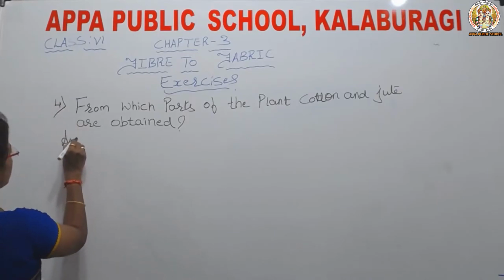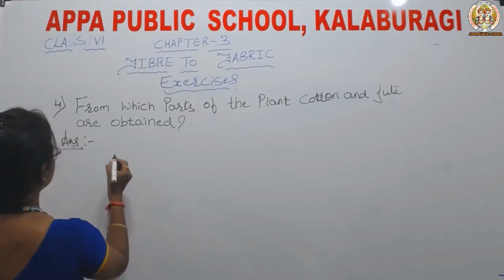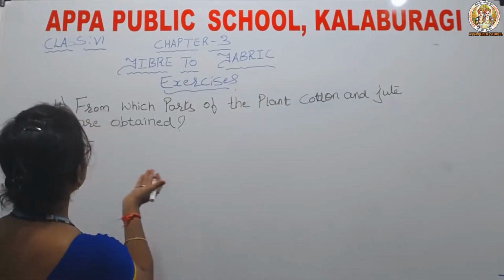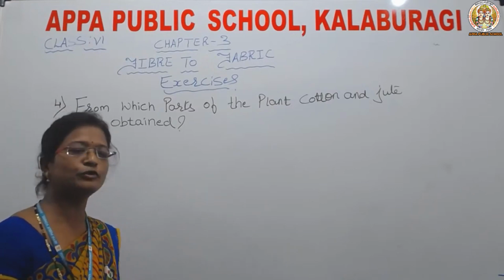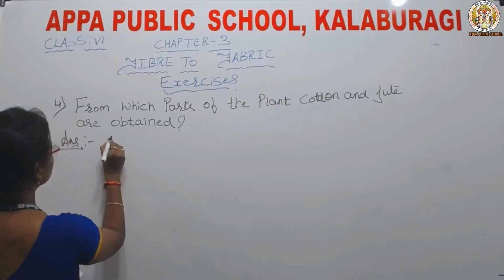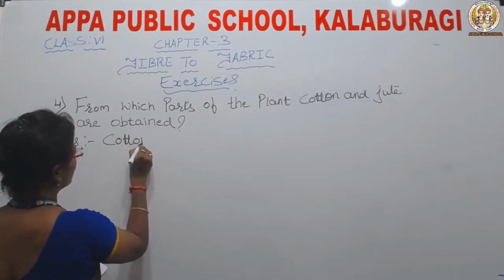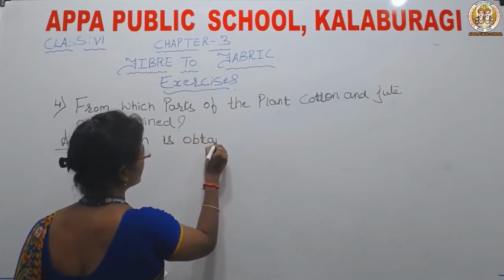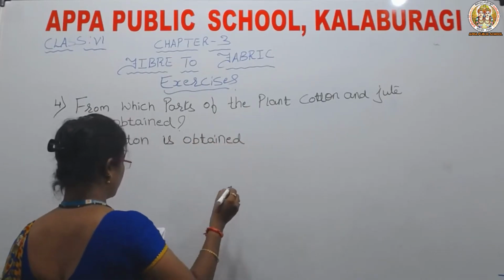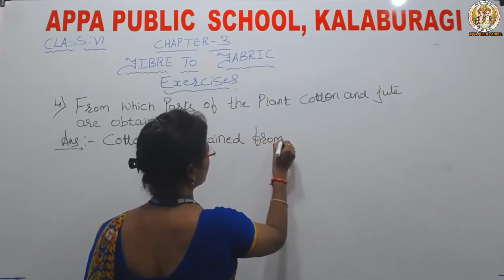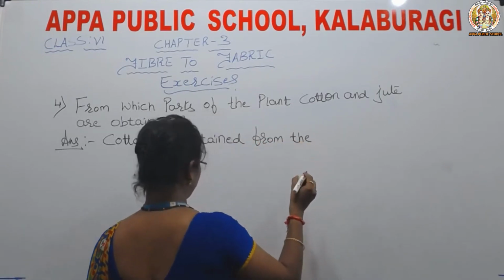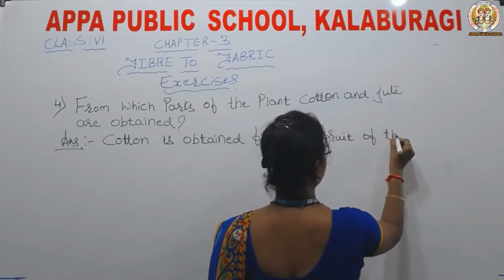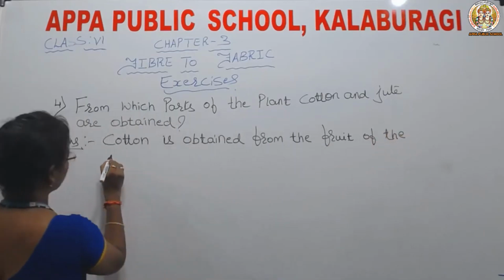And the answer for this is, cotton is obtained from the fruit of the cotton plant and jute is obtained from the stem of the jute plant. So let me write here. Cotton is obtained from the fruit of the cotton plant.